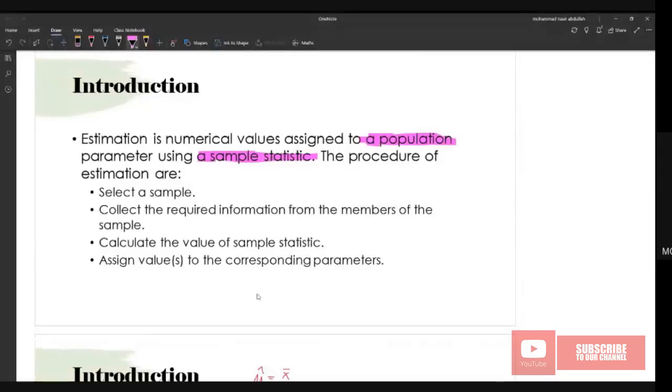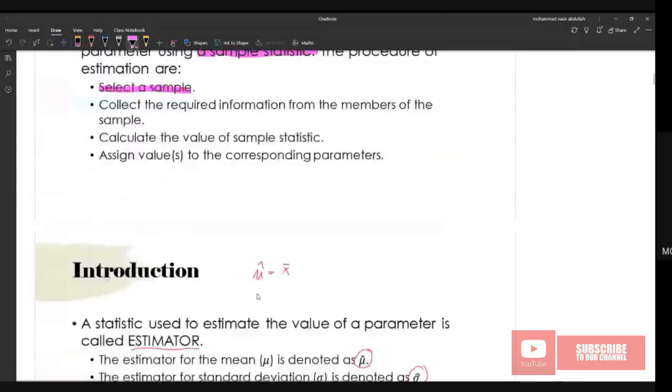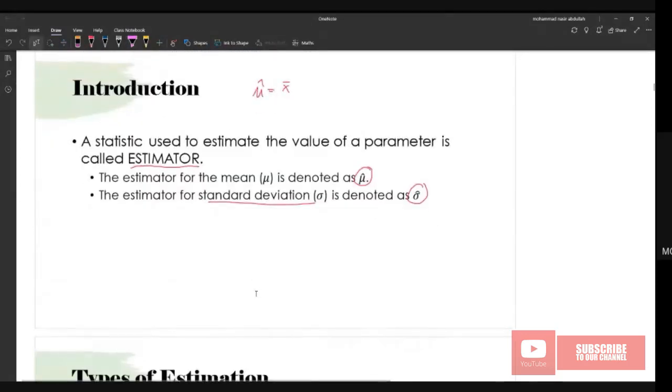The procedure of estimation is: first we select a sample, collect the data, calculate the value of the sample statistic, and assign the value to the corresponding parameter. A statistic used to estimate the value of a parameter is called an estimator. So this is the estimator. We make it clear.